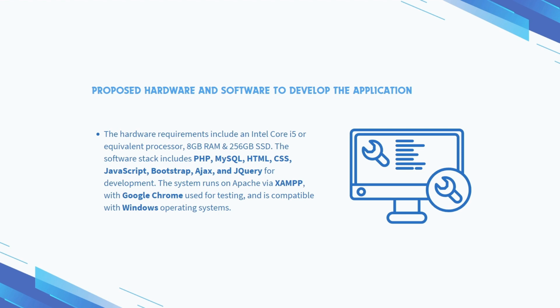Our system runs on Apache via XAMPP, which simplifies the setup process. So we use Google Chrome for testing, and our application is compatible with Windows operating systems. So this combination of hardware and software ensures that our system is robust, efficient, and user-friendly.